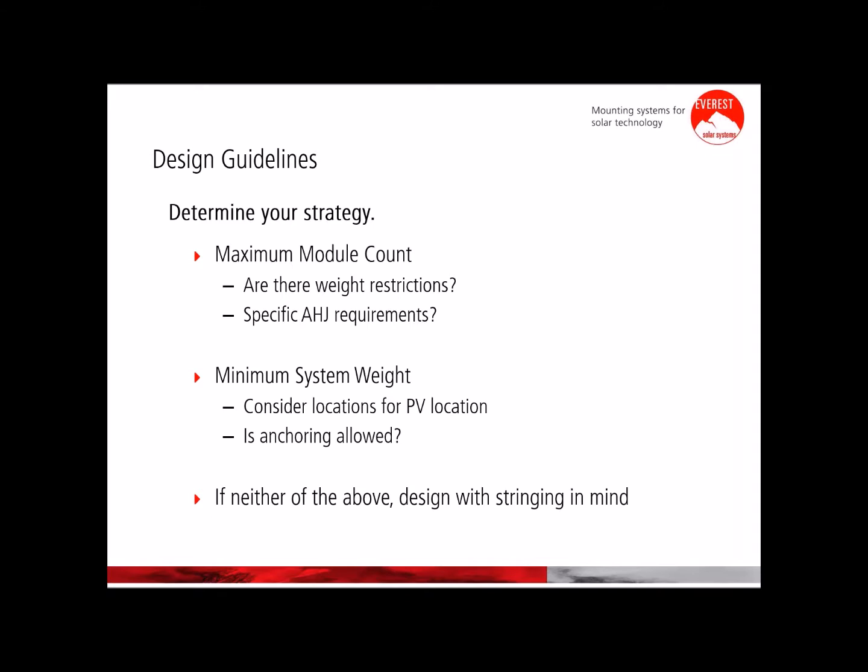The first one is trying to maximize the module count on the roof, trying to fit as many modules as possible. Some things to keep in mind when you're doing this: one, are there weight restrictions? What are the allowances with regard to PSF on how much weight we can put on top of this roof? And the second being, are there specific AHJ requirements for fire aisles and things like that?